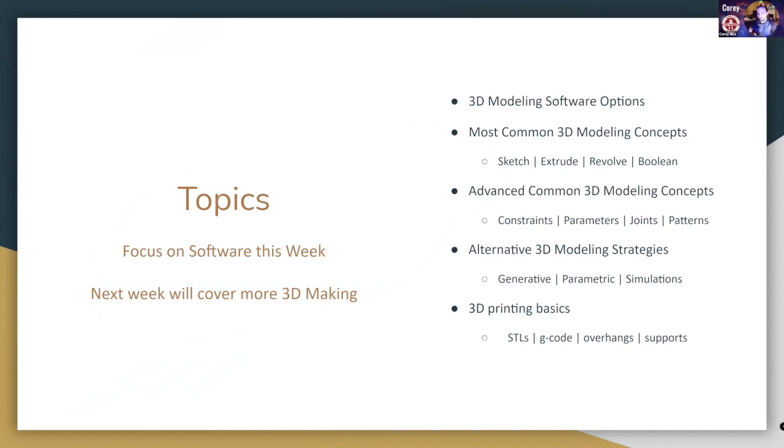Then we'll talk about some more advanced 3D modeling concepts that still are kind of common across most softwares. Then we're going to look at alternative 3D modeling strategies that are really cool. Some of them are really new or really just totally different. And then we'll go over some of the basics of 3D printing. So we're going to cover lots of ground this week, but if you have any thoughts or any questions at any time, please feel free to chime in so that we can talk about the things as they come up.